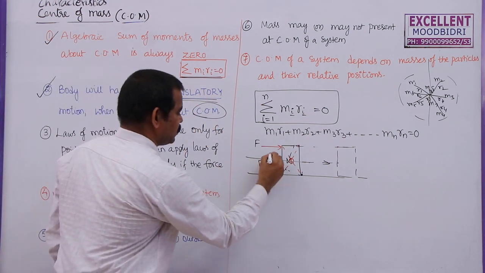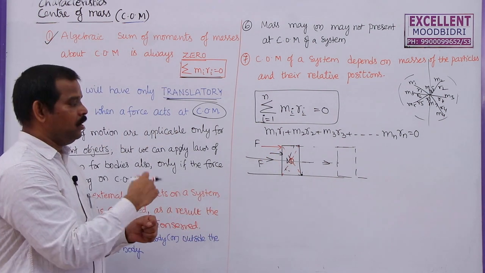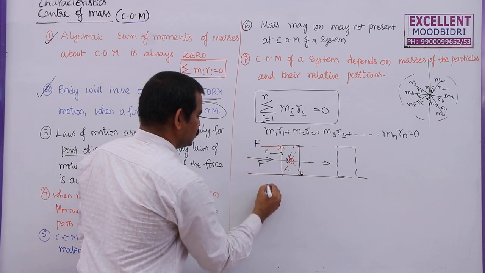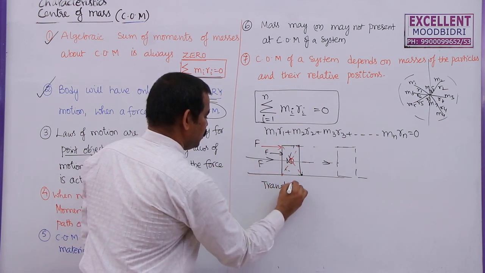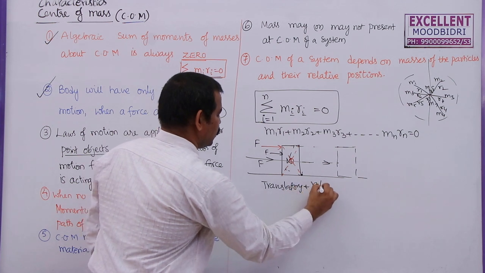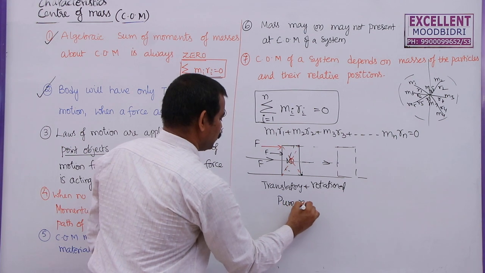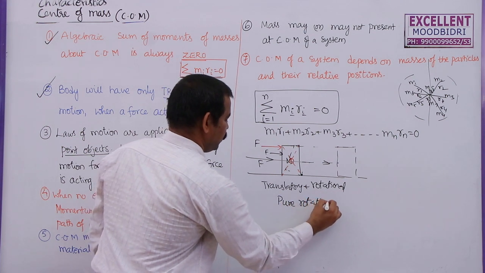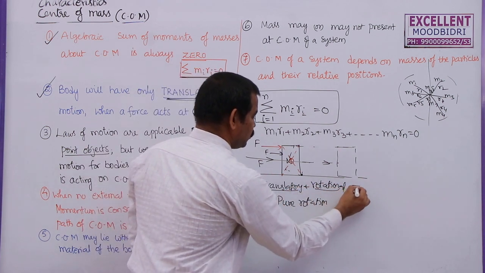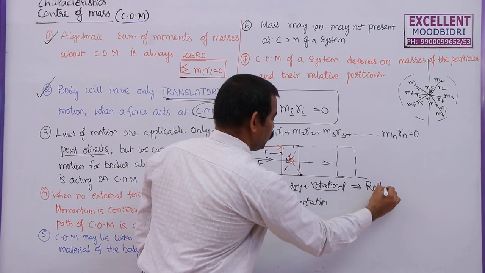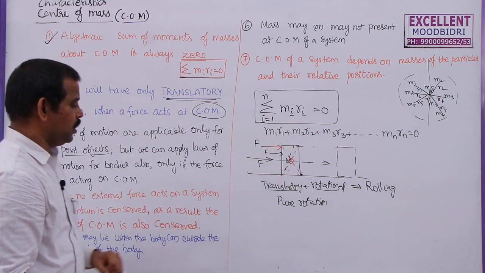If the force is acting somewhere else, the body may have both translatory and rotational motion, or pure rotational motion. The combination of rotational and translatory motion is also called rolling motion. The body may roll about this point of contact here.